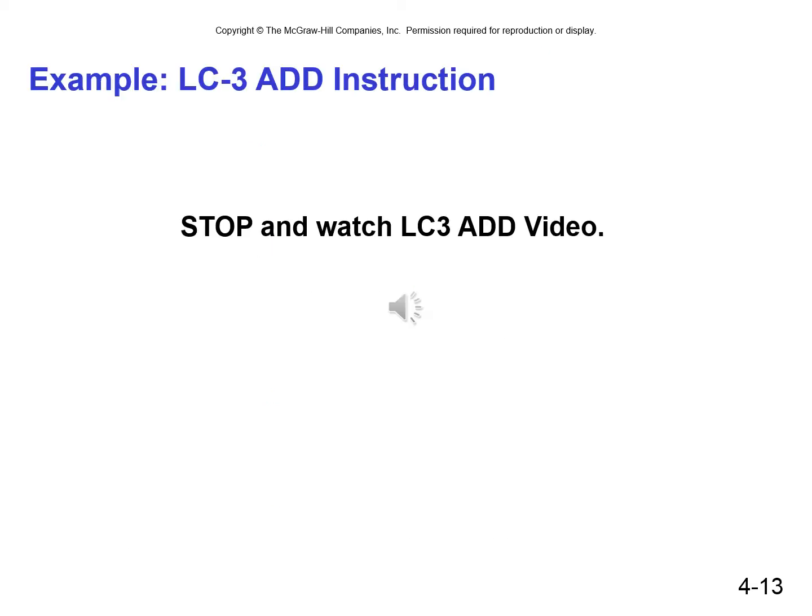At this point in time, I'd like you to pause this video, go to the timeline section in Canvas, and watch the LC3 add instruction. I think it's add, and not, and branch, actually. And it is really important that you watch that video.